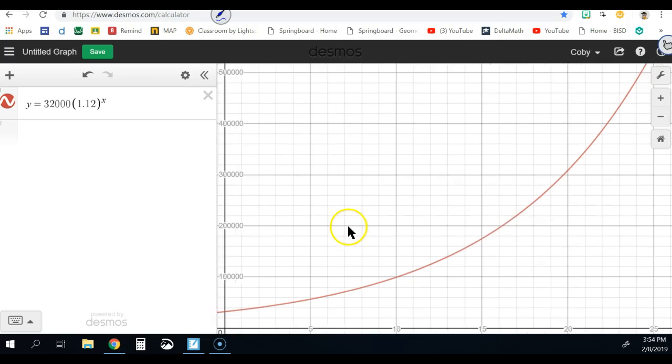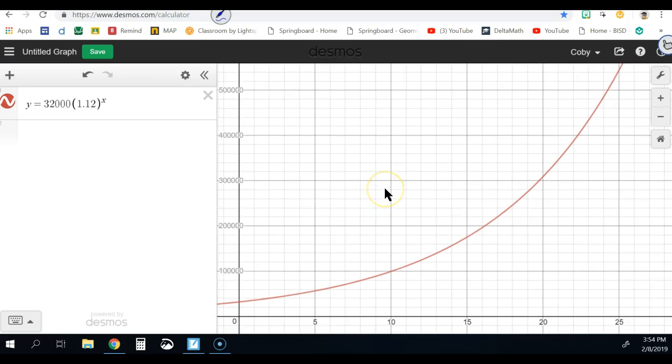I kind of had to play around with the numbers to get the nice view, but you can see how it starts way down here at 32,000 and then slowly increases over the next 25 years. And it will keep going forever. I figured we don't need to look at our salary after 100 years, but 25 gave us a good view. You can do all the same answers without changing that. You can leave the default view and it'll still work just the same.